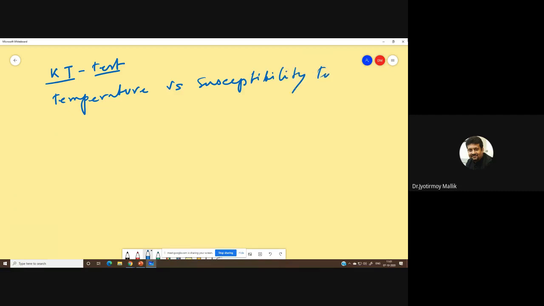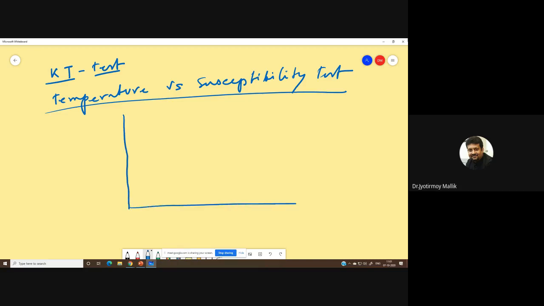What you essentially do is take a bit of sample and keep on heating it. Here I plot temperature, and here I plot bulk susceptibility Km.